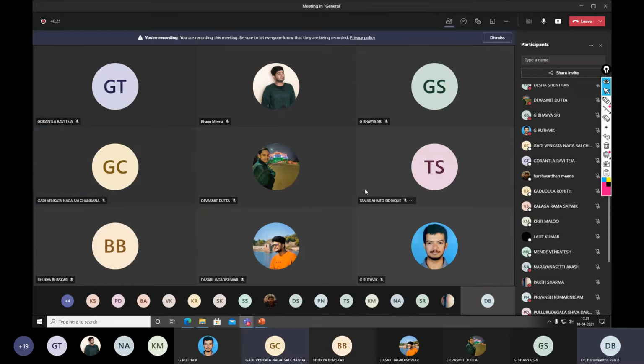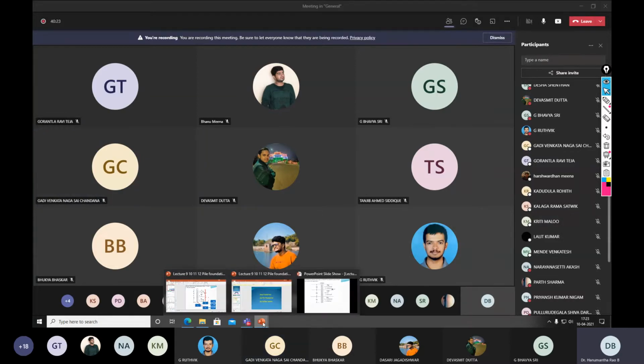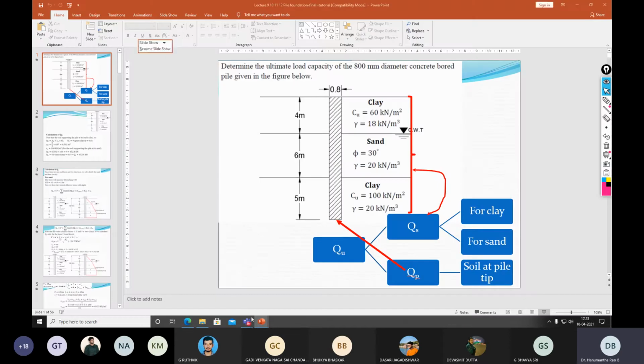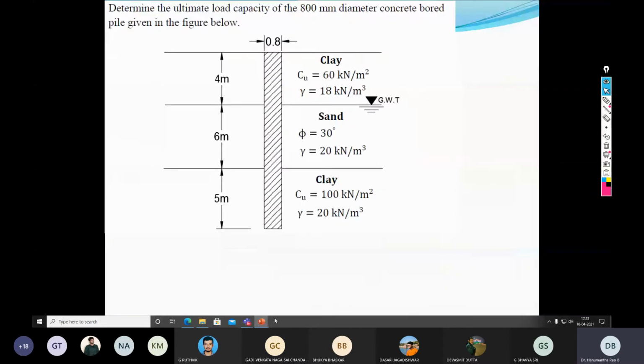Okay, so first of all, see here. Suppose you assume two conditions. Now I'm making a hypothetical condition. Say, for example, this is the hard stratum, and the pile is directly resting on the hard stratum. Say this is rock.